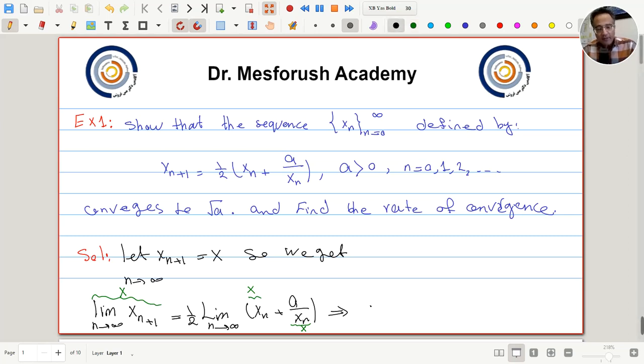So we get x equal to half of (x plus a over x), and this is equal to half of (x squared plus a) over x.